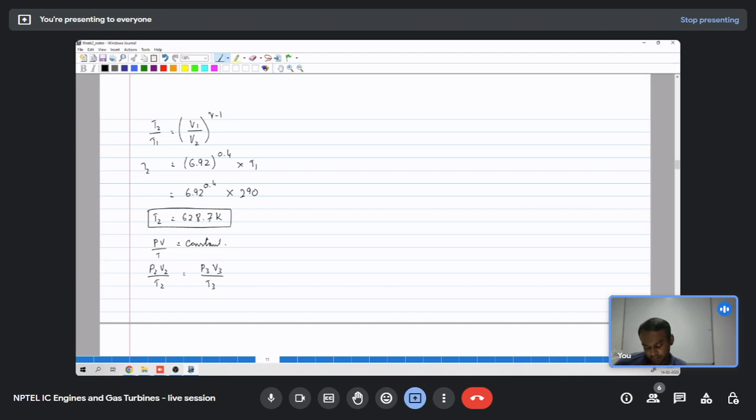We know the heat addition happens between state 2 and 3, so that means volume at 2 and 3, that is V2 and V3, are the same, so we can strike it off. Now T3 is P3 by P2 into T2. So T2 is 628.7 Kelvin into P3 is 40 bar and P2 is 15 bar.